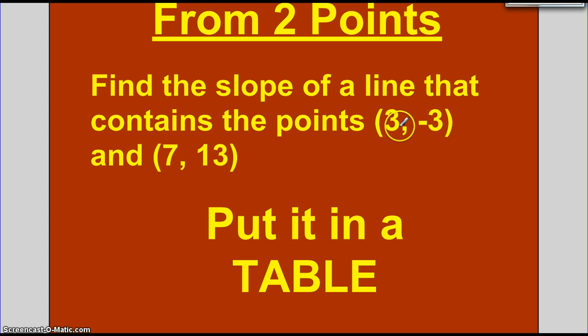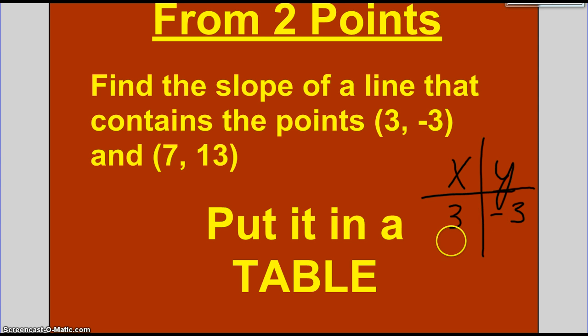From 2 points, same thing. If I have these 2 points, 3, negative 3, and 7, 13, then I take this chart that helps me organize the data, and I have 3, negative 3, and 7, 13. So the distance from here is 4, and the distance here is 16.